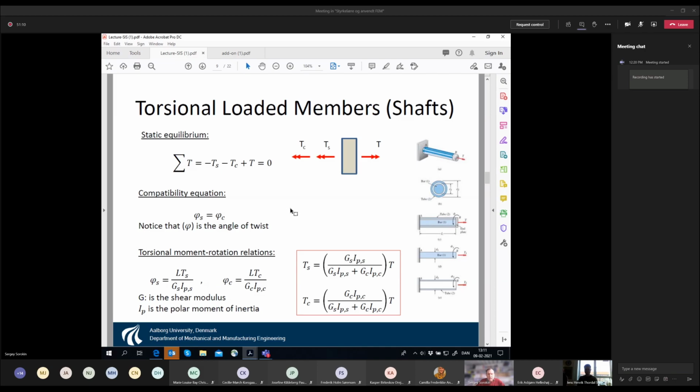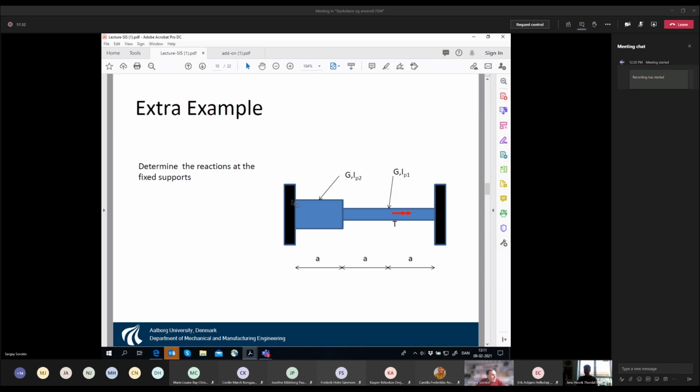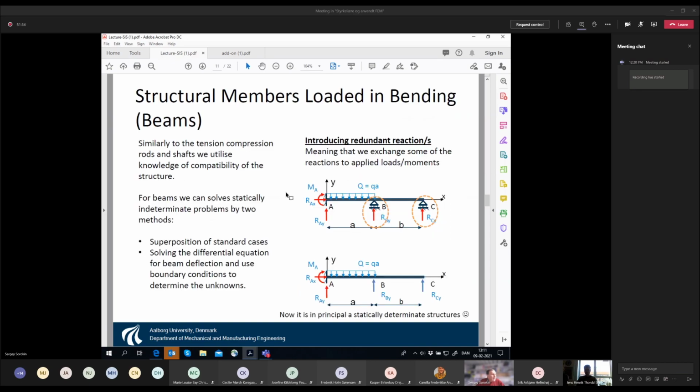Any questions about it? No? Okay, so probably you are just tired. So then we skip this example, and then we go for the beams for bending, but probably we might have a short break.